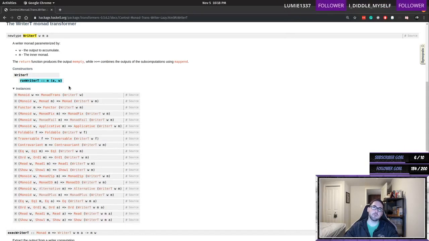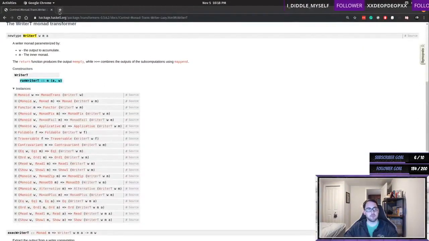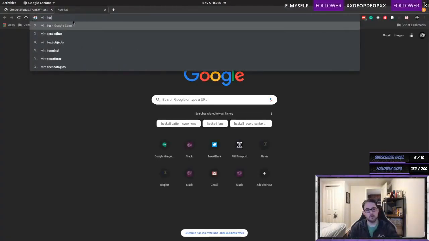The new Vim terminal emulator. What do you mean? Vim terminal emulator?